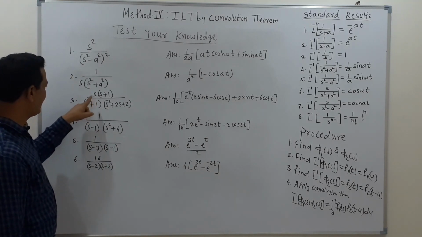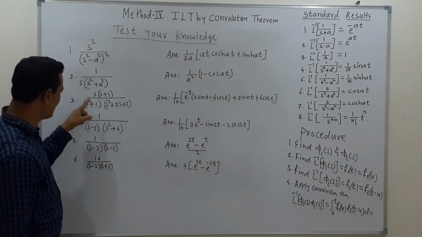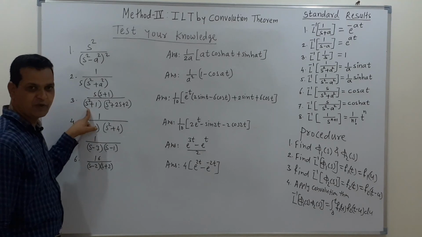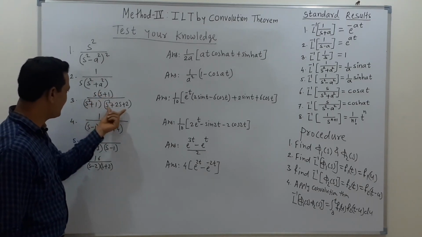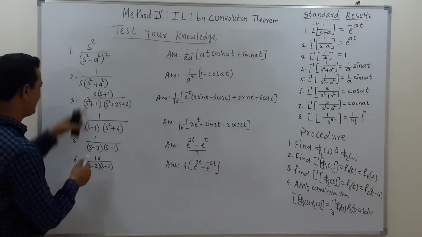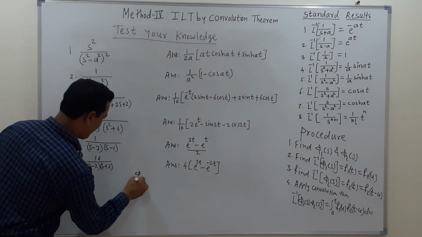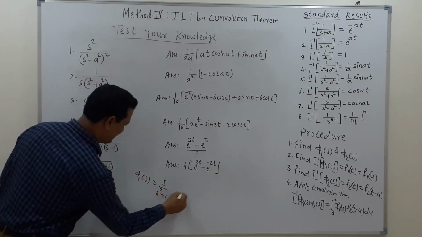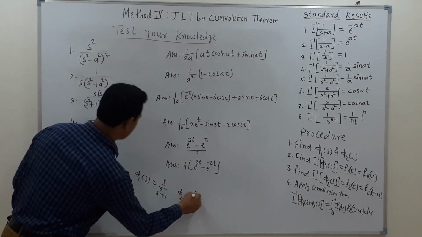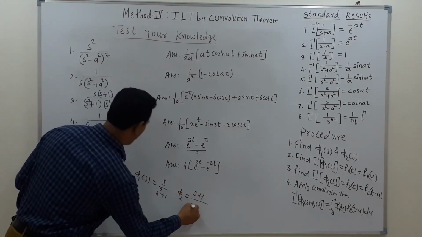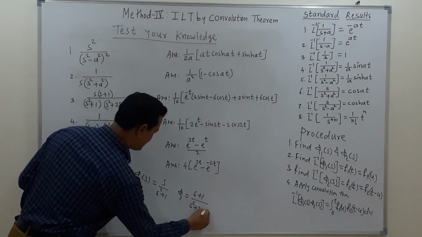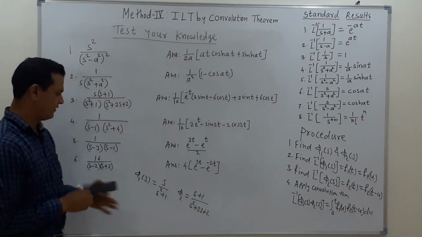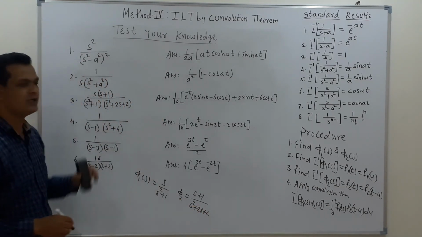Now here we can write this as 1 upon s square plus 1, and this upon this term. So that means we can take the value of phi 1 is equal to s upon s square plus 1, and phi 2 is equal to s plus 1 upon s square plus 2s plus 2. So that after taking product of these two terms, we get original term as it is.